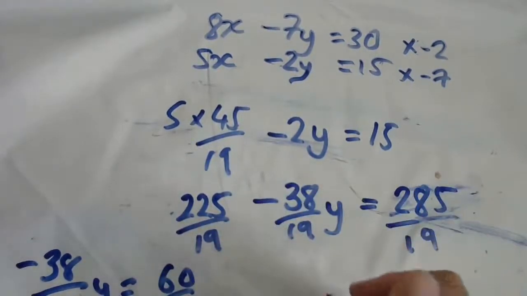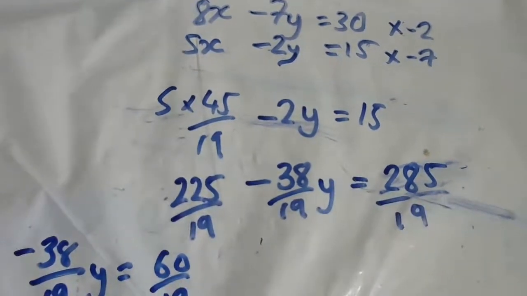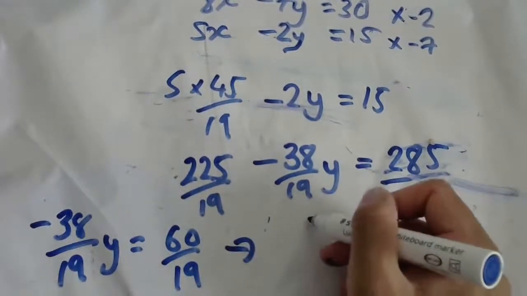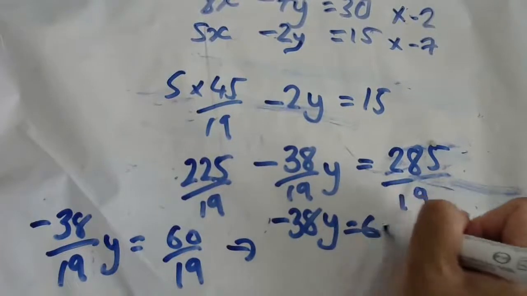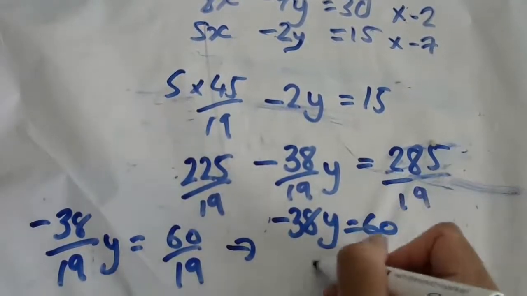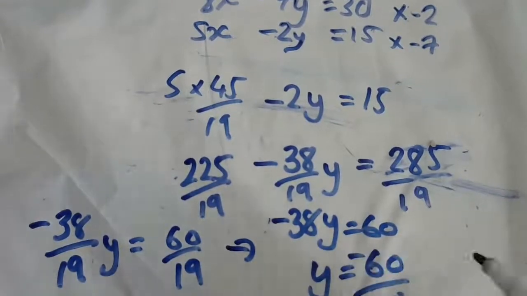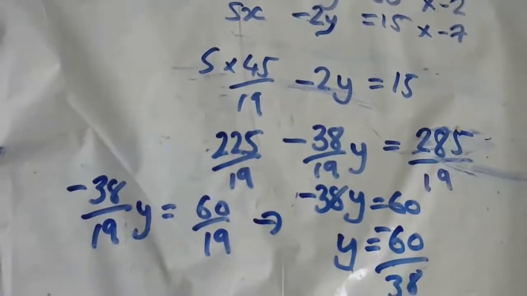And then you can just cancel the 19s, and then you've got minus 38y equals 60, and that's really easy to solve. Yeah, y is just going to be 60 over 38 with a minus sign. All right, and that's all there is to it. So that's how that works.